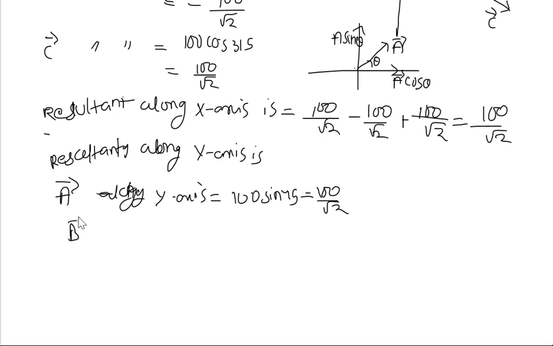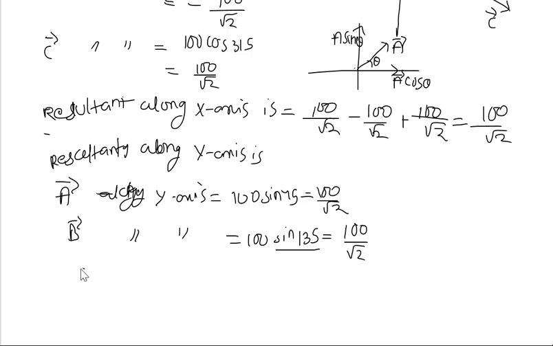The B vector along the y-axis: magnitude is 100 and sine 135 degree, which is positive because sine 135 degree is plus 1 by root 2. So it becomes 100 by root 2.